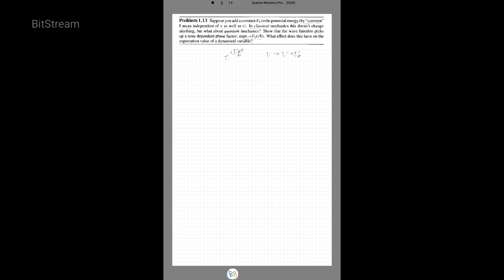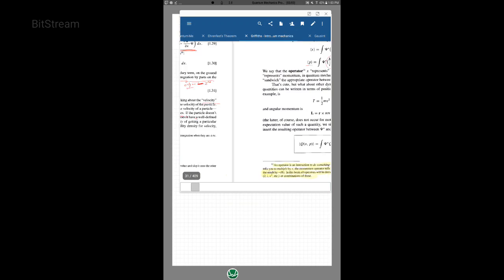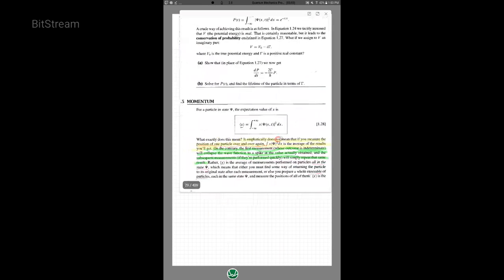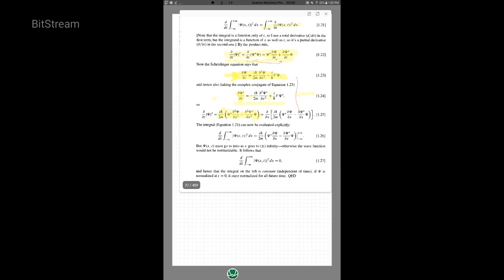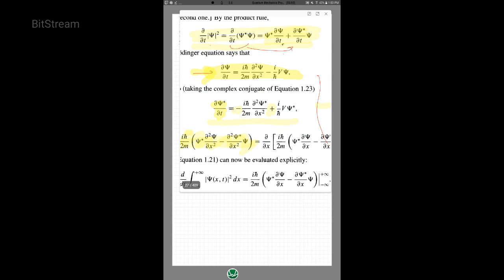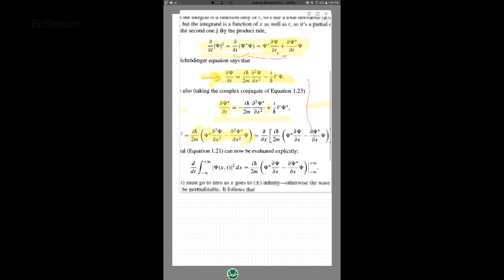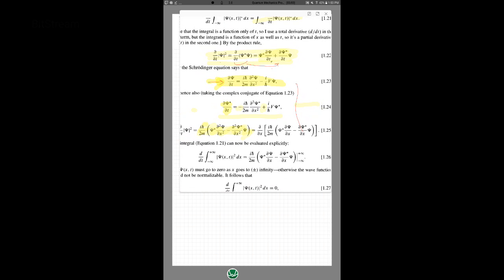So we have our Schrodinger equation looking like this, and then i h bar over 2m del squared psi del x squared, and then minus i h bar v psi. Just go ahead and check that, because I don't have a good memory, so I don't have any sense of pride about checking these things over and over again. So there we go. There's our form of our Schrodinger equation.